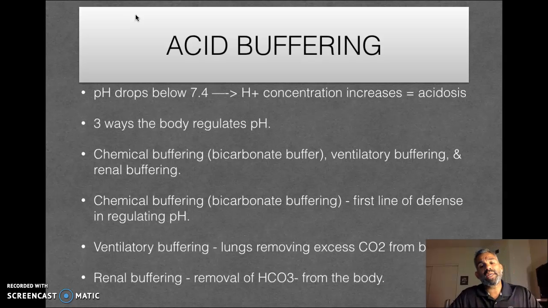And ventilatory buffering is when our lungs help remove excess CO2, carbon dioxide, from the blood. And renal buffering is the removal of HCO3 from the body. So as you can see, there are three different ways in which our bodies help to regulate acid, whether we slip into an acidic state, acidosis, or a more alkaline state, alkalinity. The chemical, ventilatory, and renal buffering aid in bringing us back to a neutral pH.